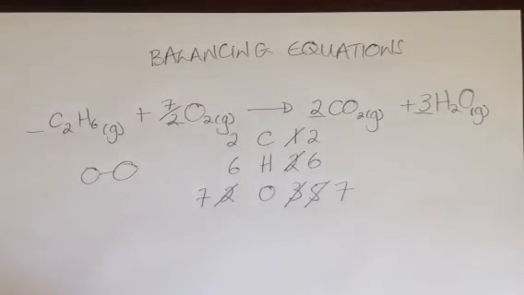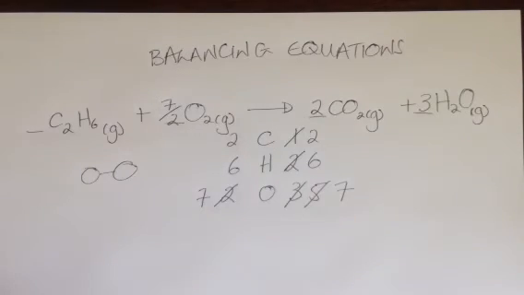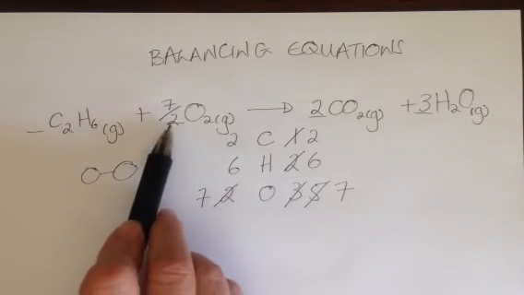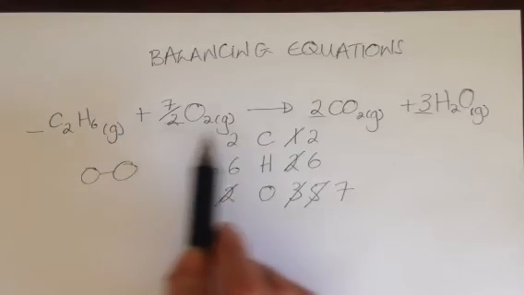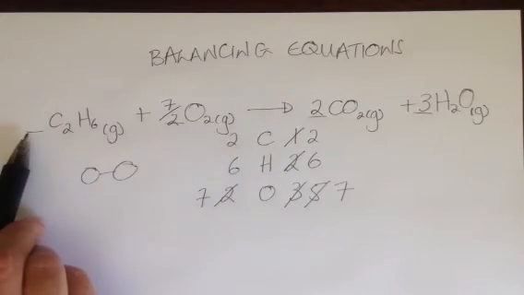So that's a balanced equation, but I've got a fraction, and my coefficients, these numbers in front of the formulas, have to be whole numbers. They also need to be the lowest whole number ratio. So to get rid of a half, I need to multiply by 2. If I multiply this by 2, I need to multiply everything else by 2 to keep it balanced, right? So no coefficient means 1, right? The 1 is always implied.